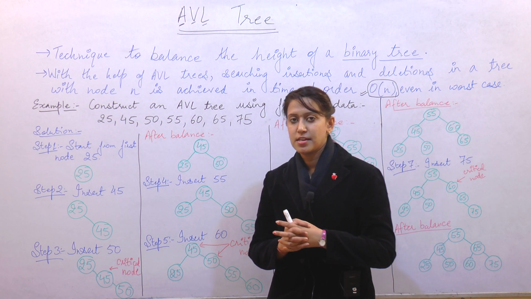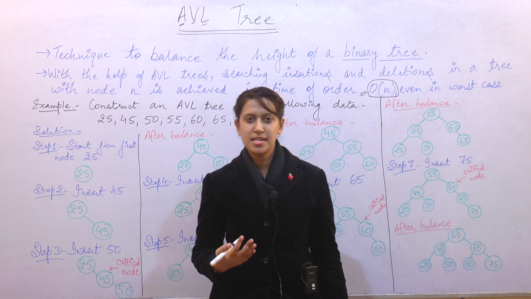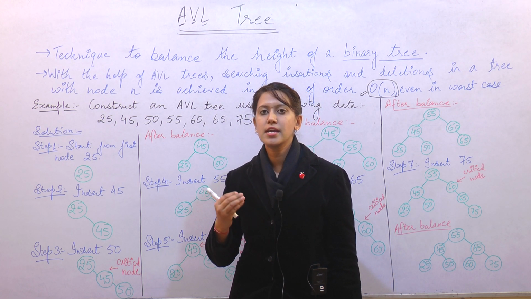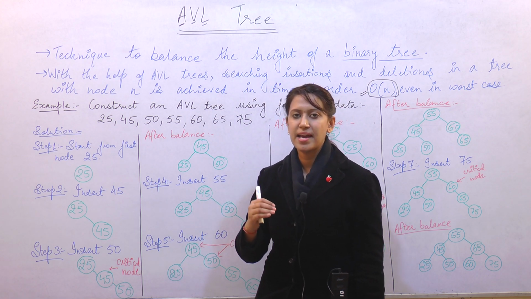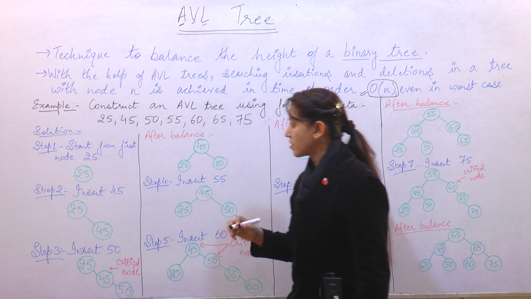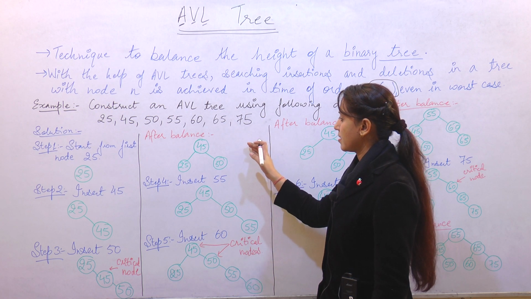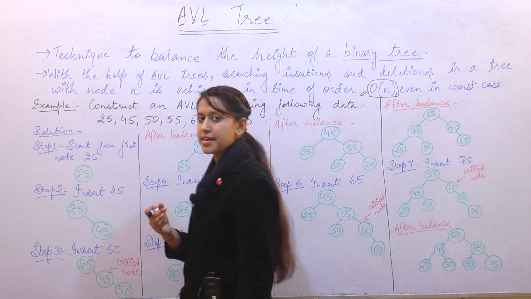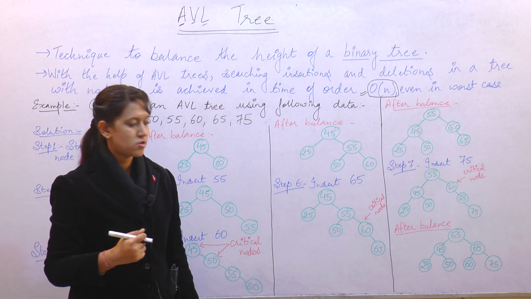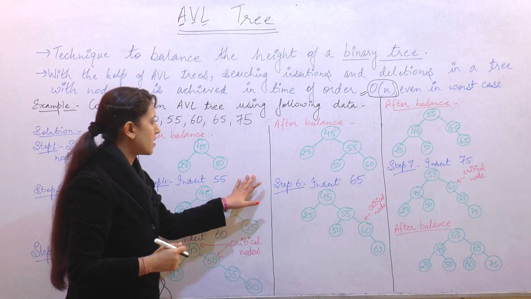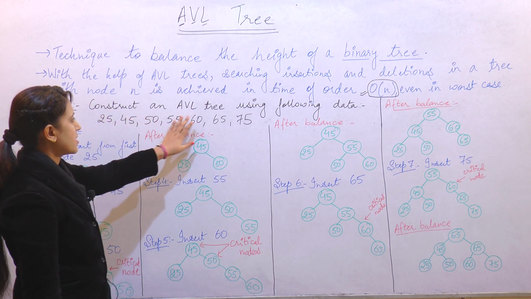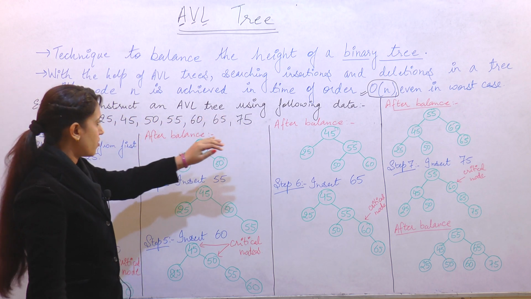Now we will see how we can balance the height of a binary tree using the technique given by the AVL tree. This technique can be understood with an example. Here I have taken an example in which we will construct an AVL tree with the following data.